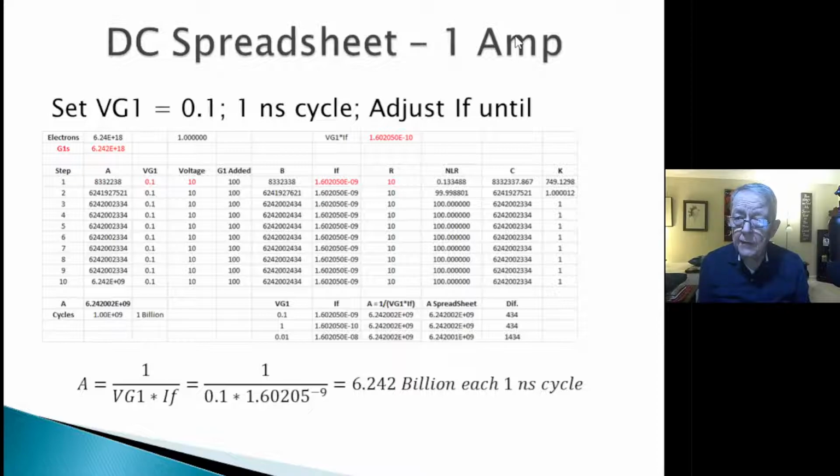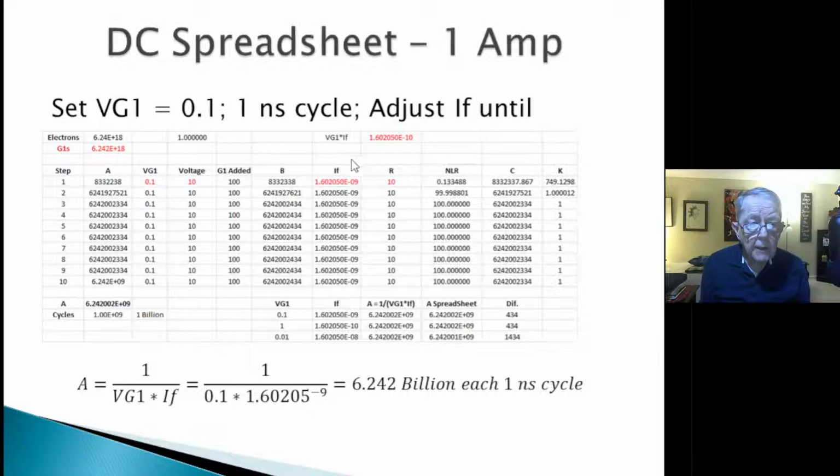That's one of the definitions of current: 1 amp is 1 coulomb of charge passing a point in the circuit in 1 second. So I picked this number 0.1, and I adjusted this number, 1.6 times 10 to the minus 9th, until I got the same number. So I have an equivalent number for the DC circuit.